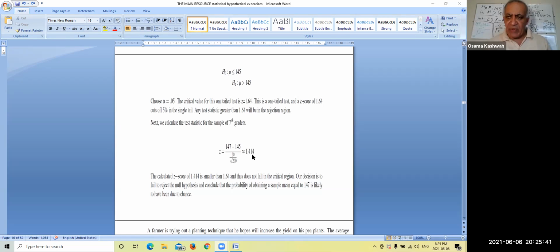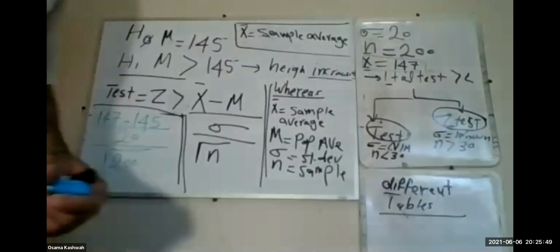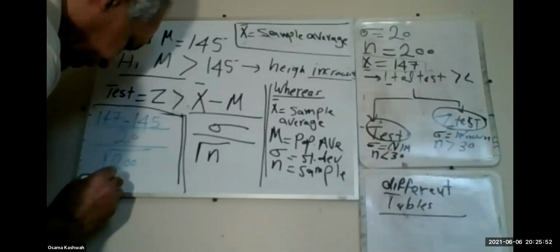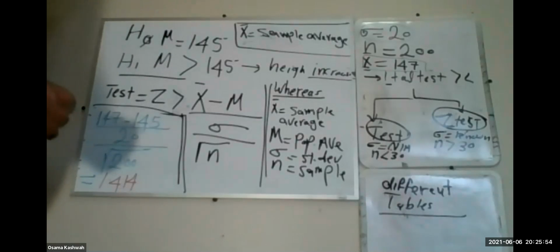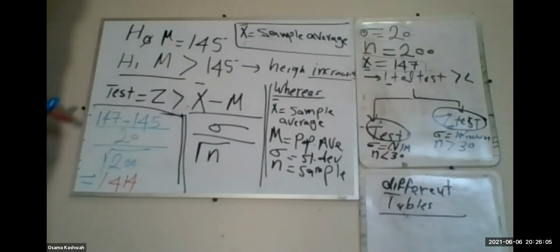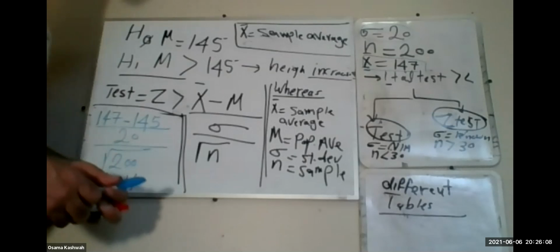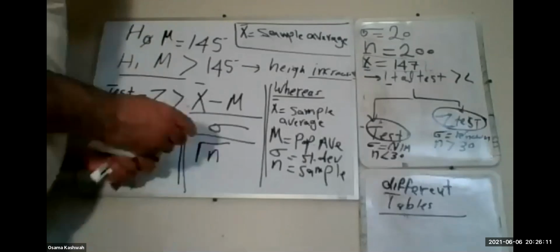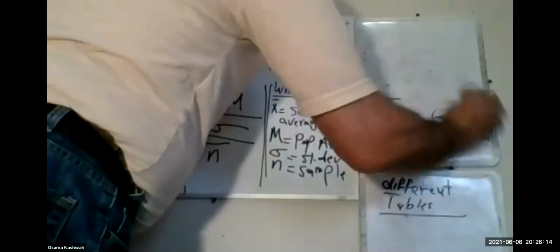This is after the second step, where we had first the null hypothesis and hypothesis 1, and we had the test tool. Now we will come to the comparison between Z tabulated and Z calculated.